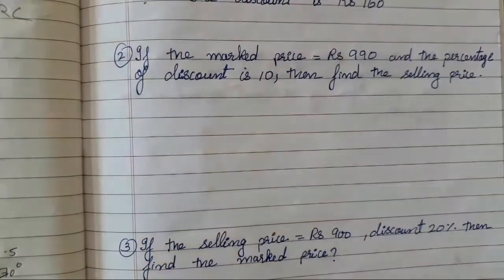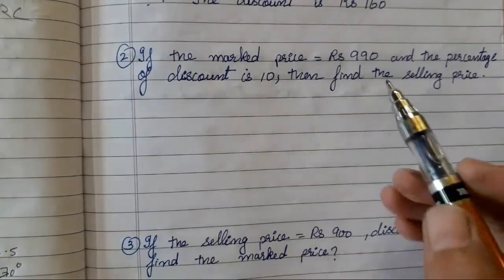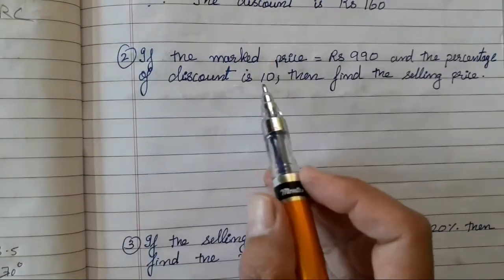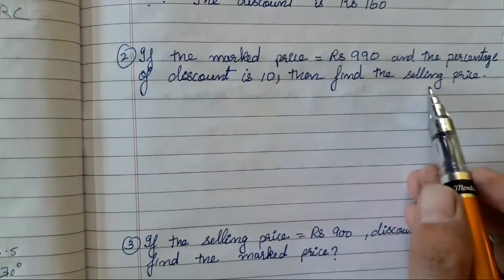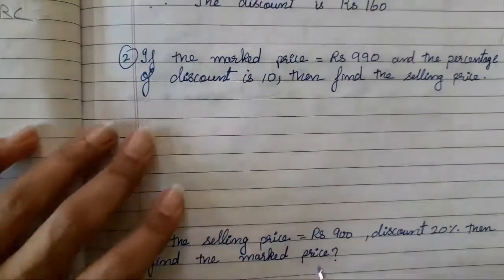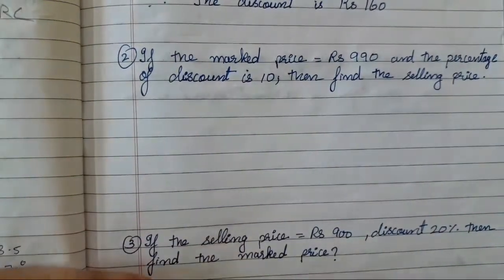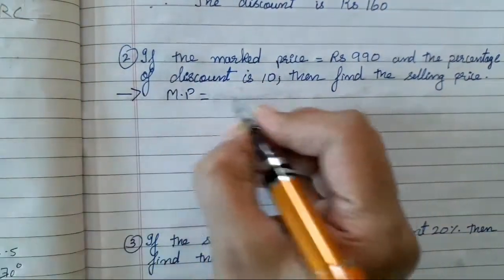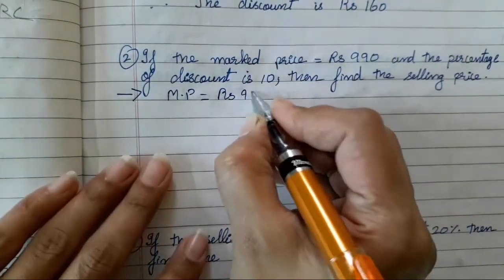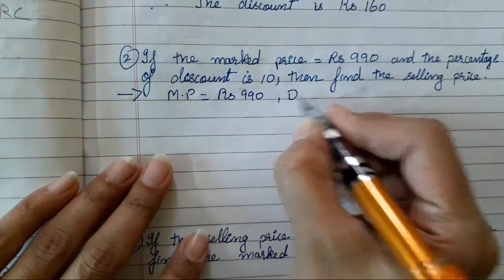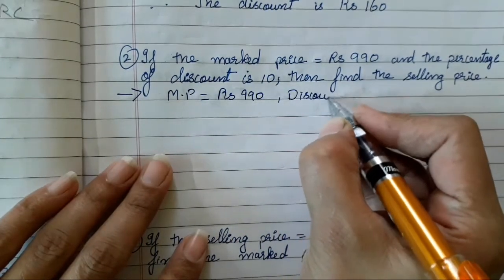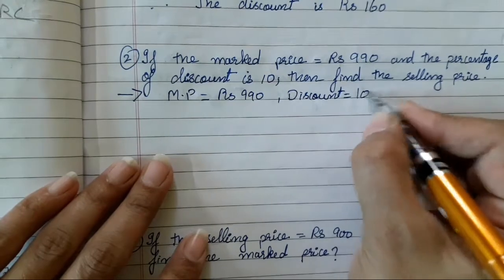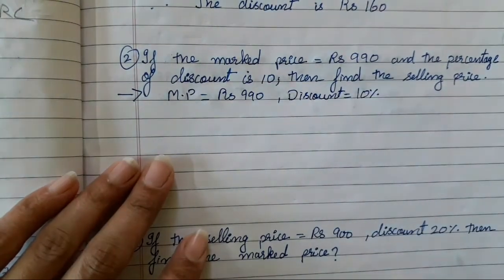If the marked price is rupees 990 and the percentage of the discount is 10, find the selling price. Again we need a formula over here. First we will write what has been given: marked price is equal to rupees 990. Discount is in the form of percentage, so you all have to write it in percentage.